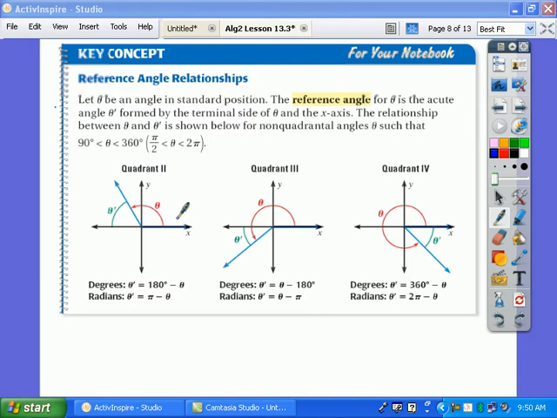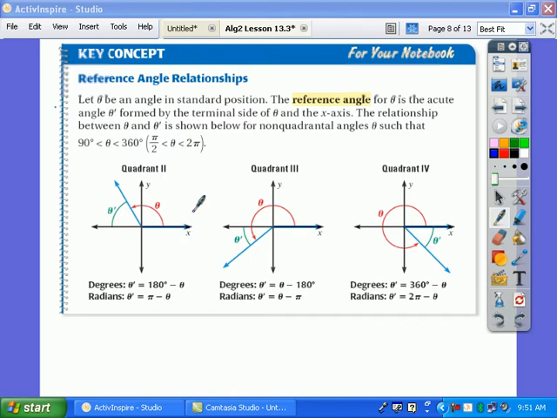And so the idea of the reference angle is to give us an angle from quadrant 1 that behaves almost identically to this angle. We're trying to find two angles that are almost identical, but I don't want to talk about an angle bigger than 90. I want to talk about angles smaller than 90, and so we use this idea of a reference angle. And now it depends on what quadrant we're talking about.